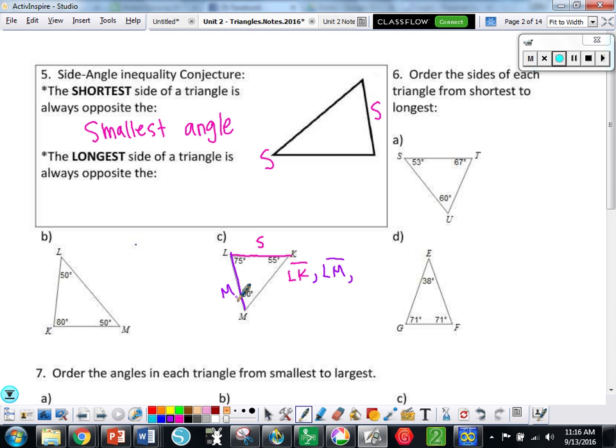And looking at that over here, got a middle side, a middle angle. And the longest side of the triangle is always opposite your largest angle. So if this is the largest angle, this will be the largest side. It kind of opens together and it forms the largest side possible. They come in pairs.